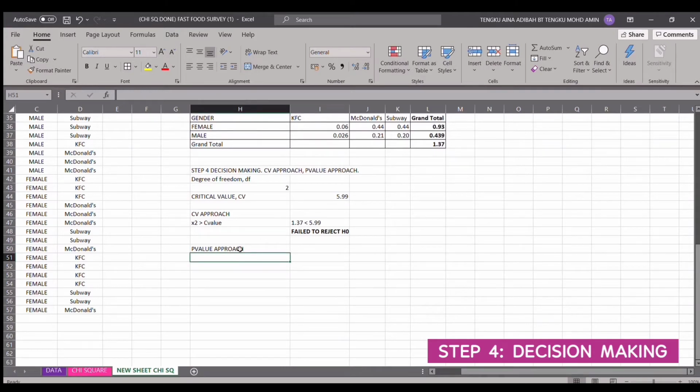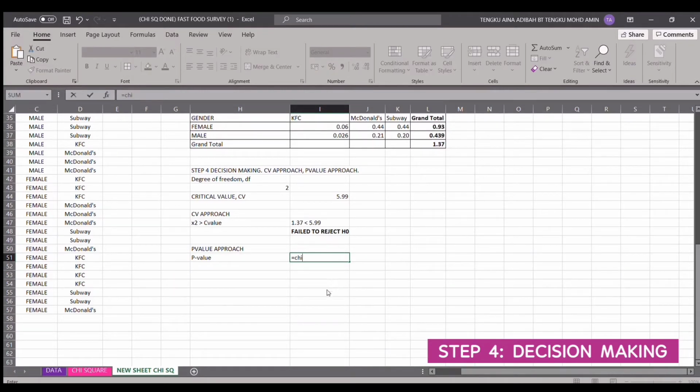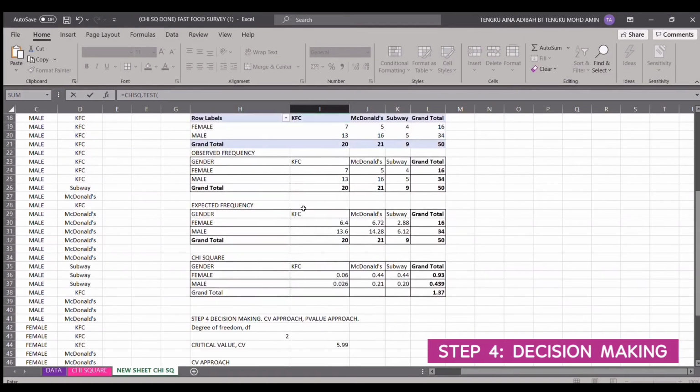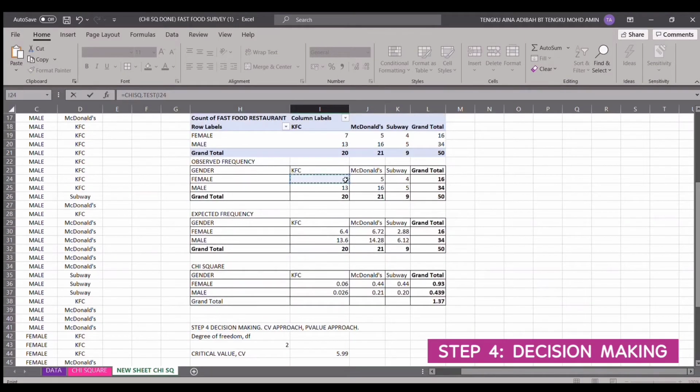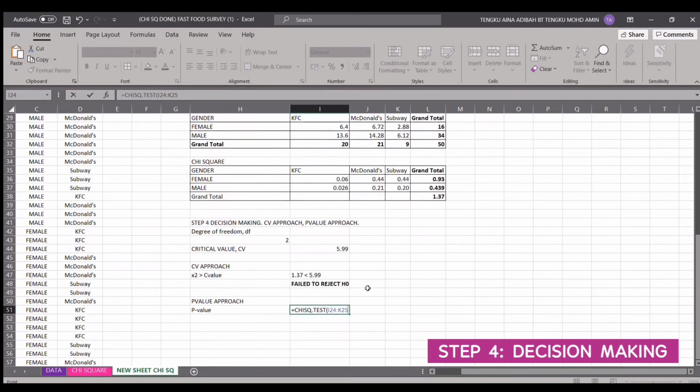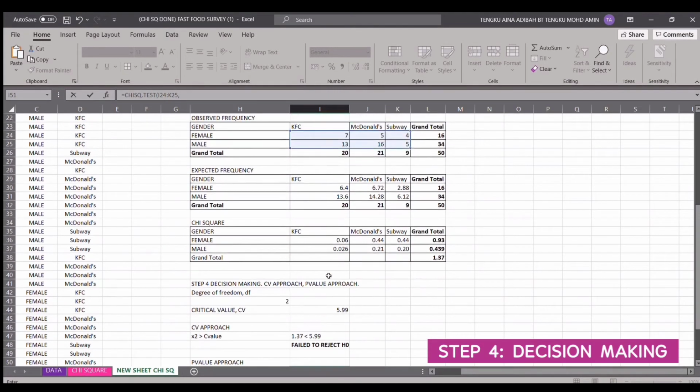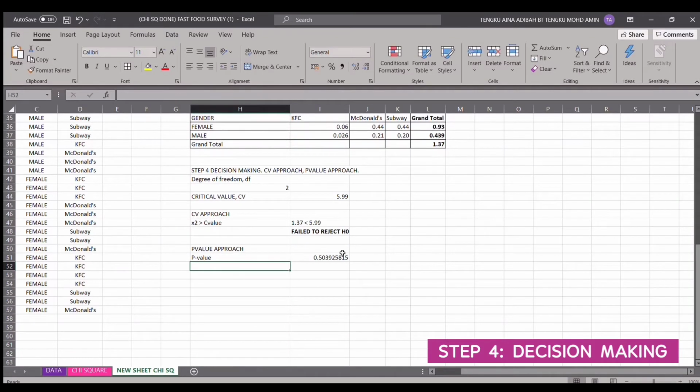However, we need to find it out ourselves. So the formula of p-value would be chi-square dot test, and then in the bracket the actual range is the observed frequency. You select all these, and then comma, the expected range would be the expected frequency, and you click enter. We get this p-value.